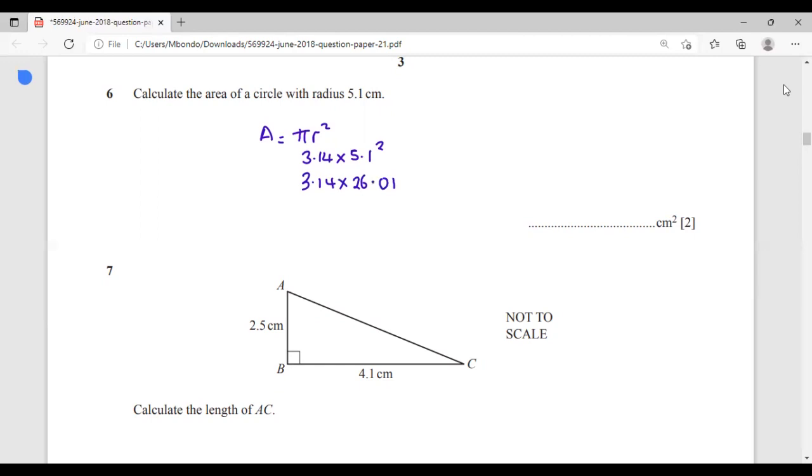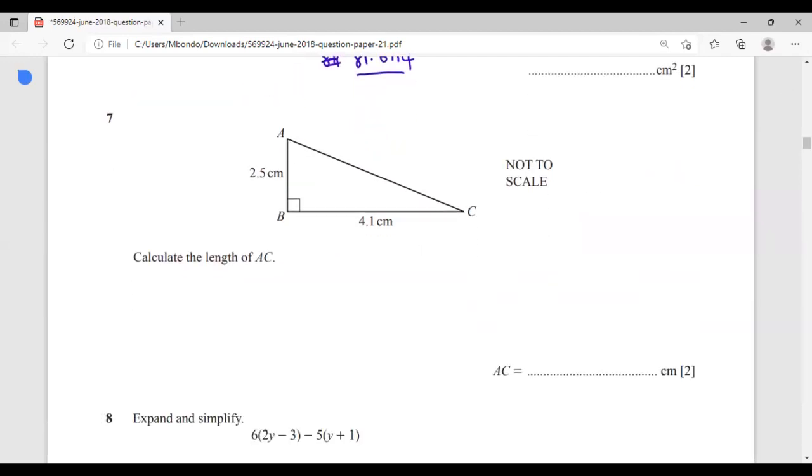Then you multiply it now by 3.14. So this is going to give you 81.6714. Okay, this is what I'm getting. I don't know about you.